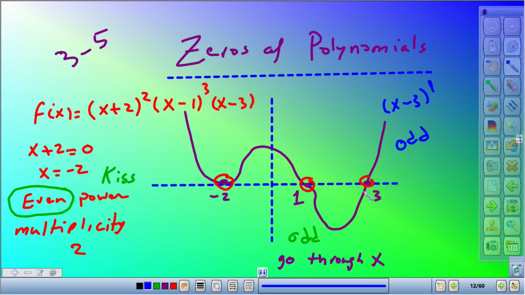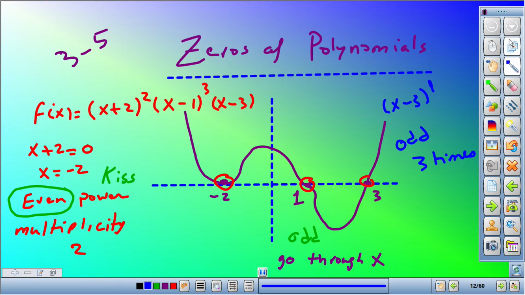That's basically in a nutshell what 3.5 is all about. You look at the graph and identify your zeros, the solutions, and this will tell you how many of these are repeated. I've got -2 repeated 2 times. I've got 1 repeated 3 times, multiplicity of 3.